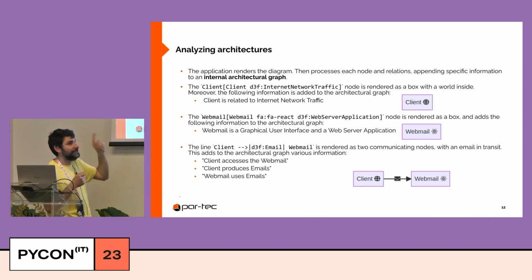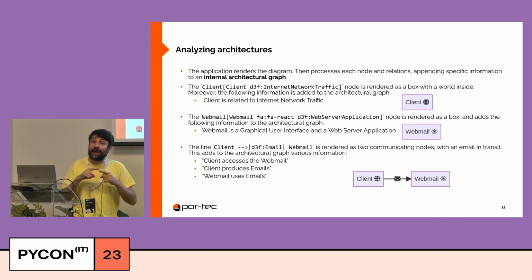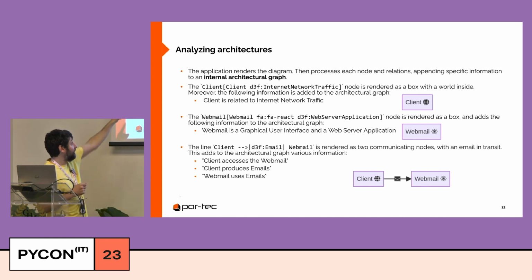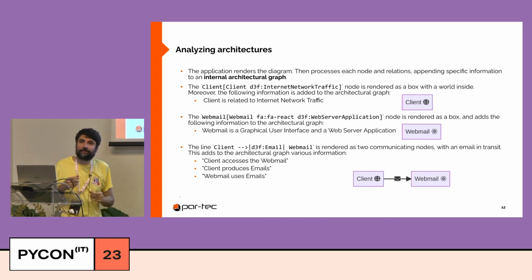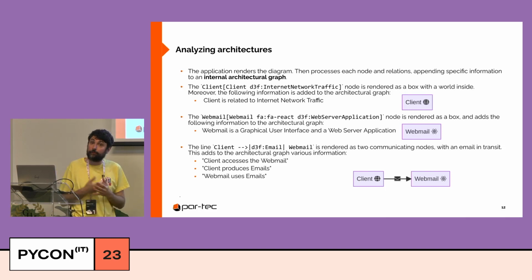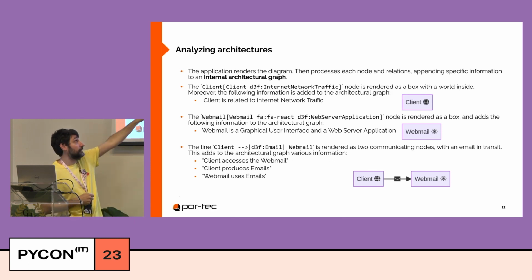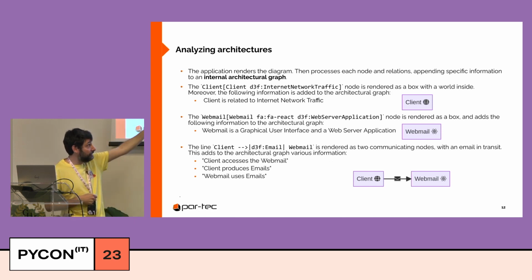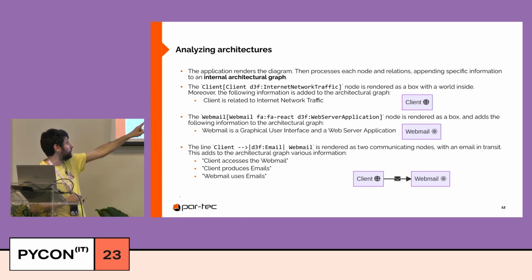But this tells that the traffic comes to and fro into the web. And when I say webmail, I tell you that it's a React. The first one, the file React, is just an icon. It's not a D3FEND keyword, but we process it anyway. And the second one is a D3FEND keyword, and we say this is a web server application.